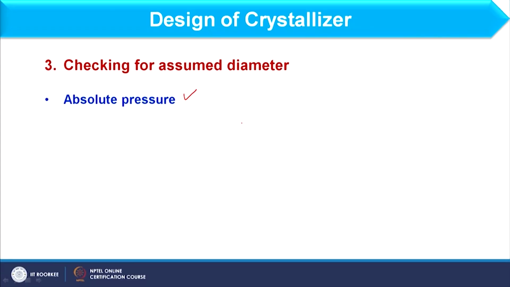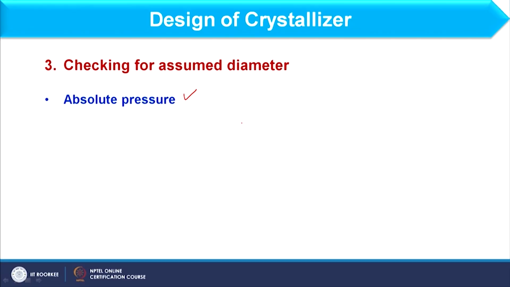Okay. What is this pressure? This pressure corresponds to the pressure inside the crystallizer, because usually the crystallizer is operated at vacuum pressure, right. Absolute pressure means atmospheric pressure minus the gauge pressure at which the crystallizer is being operated, right.